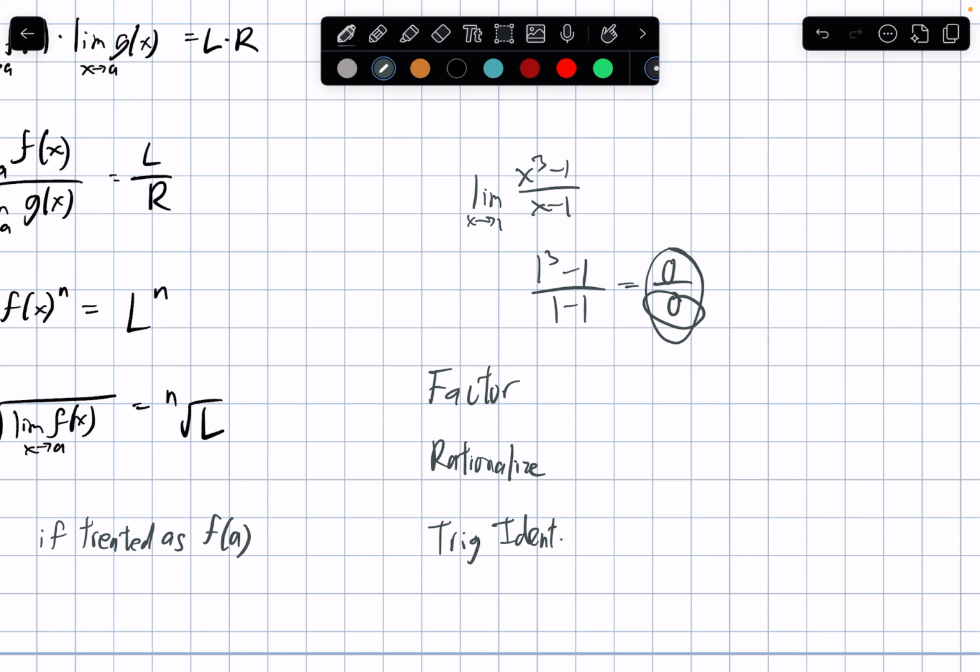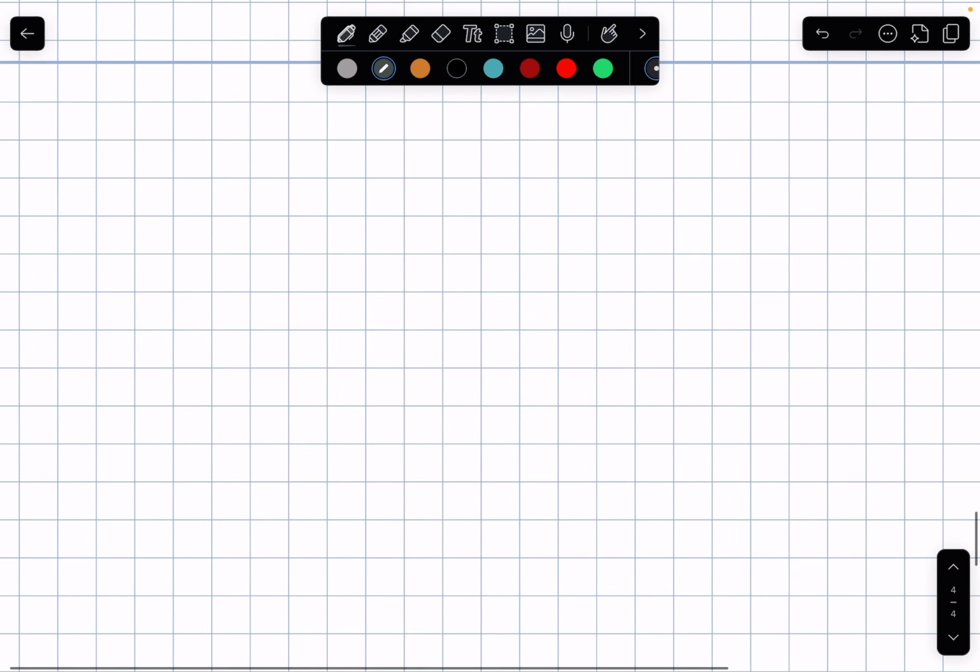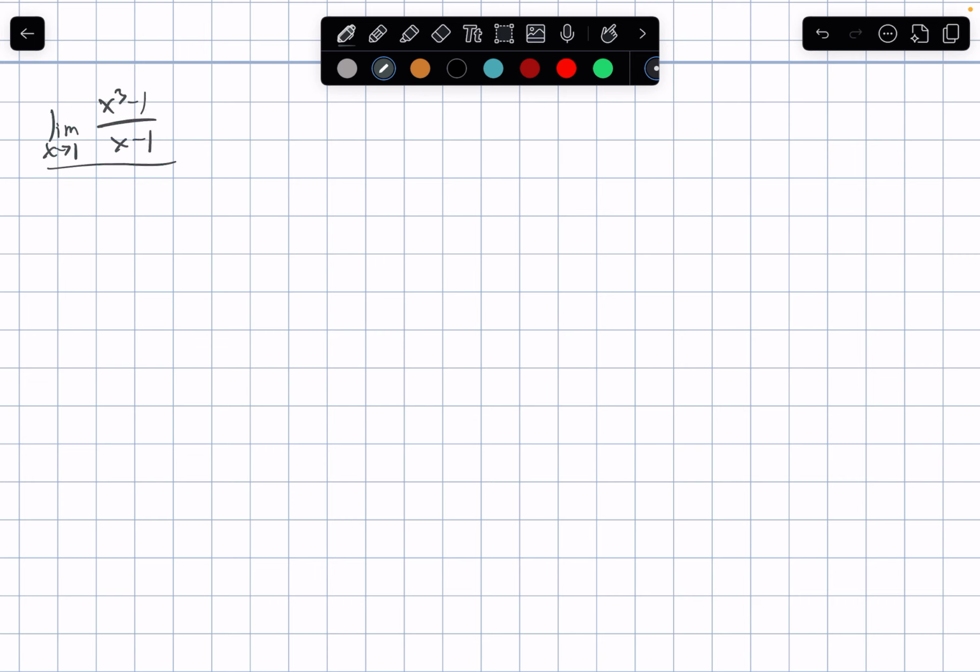Okay, so let me give some examples when solving for limits using algebraic manipulation, or basically factoring. Same example as a while ago. What do we do? I hope you know your identities.